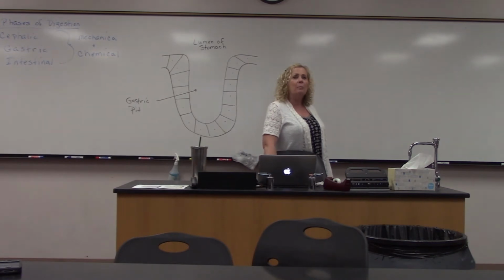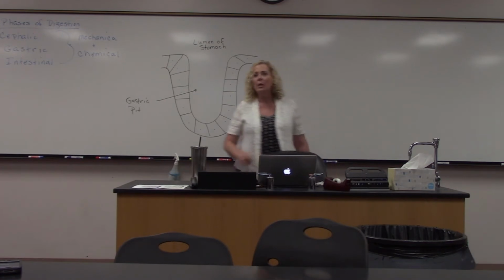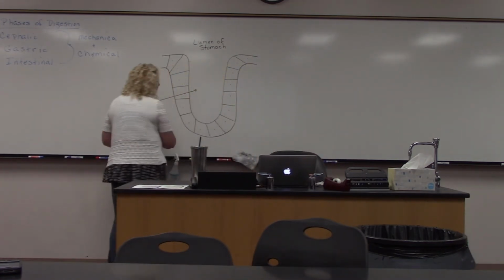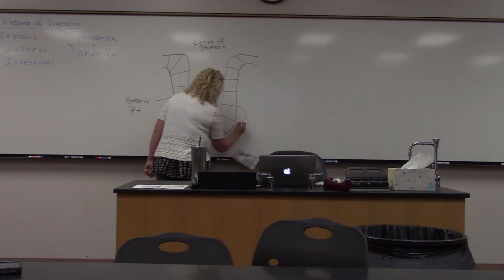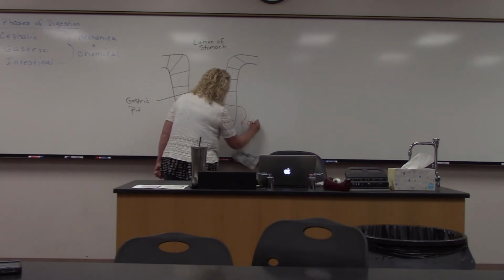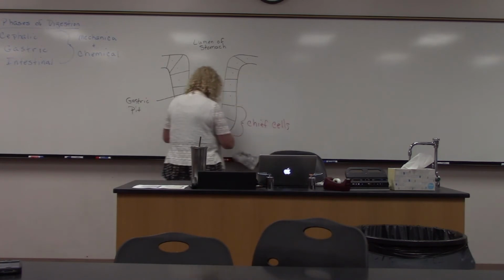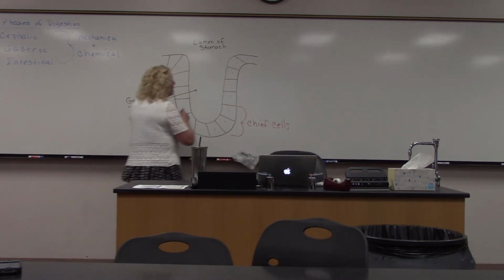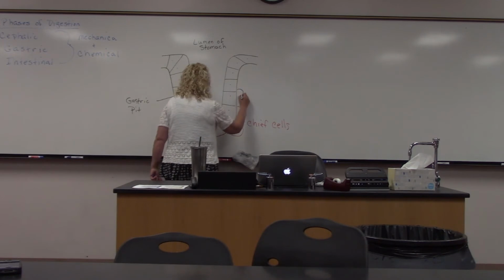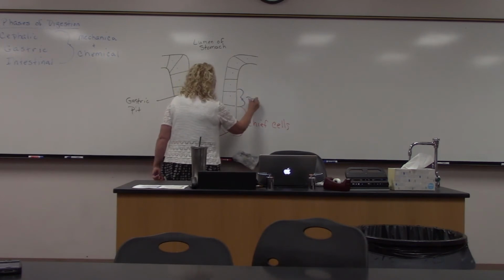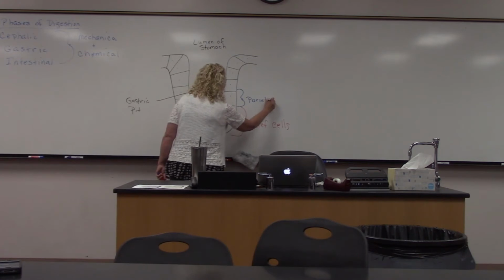Now these gastric pits are lined with very particular types of cells. And the cells are always found at the same level in the gastric pit. So at the bottom of the gastric pit, these cells are referred to as the chief cells. The next set of cells above the chief cells, these are the parietal cells.